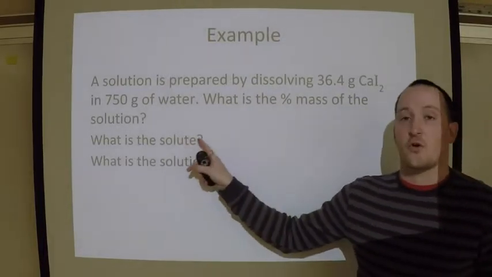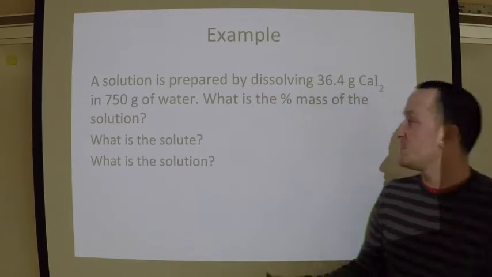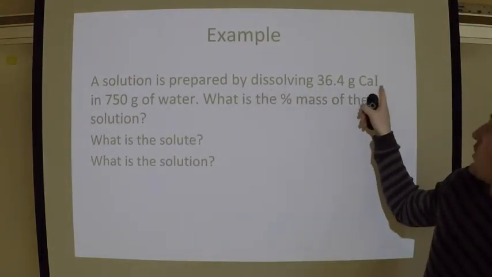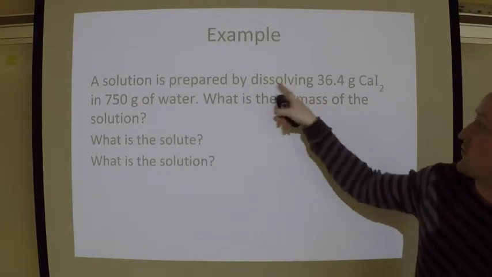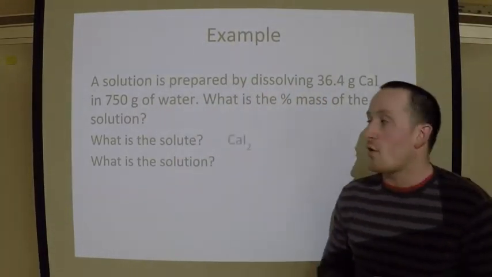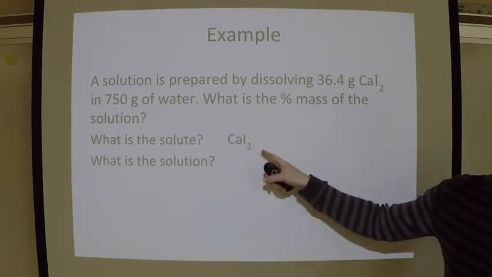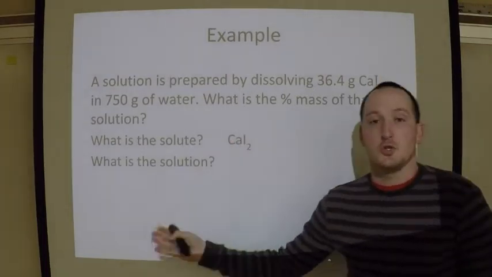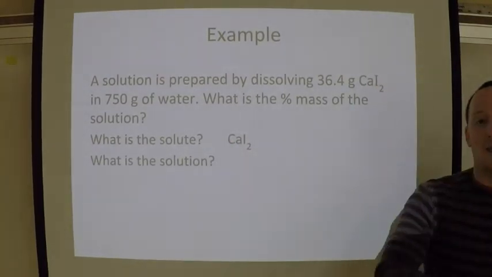So we want to know what the solute is. The solute is the thing getting dissolved. It says that 36.4 grams of CaI2 is dissolving in this many grams of water. So the solute in my solution is the calcium iodide, right? The solution is my solute and my solvent.